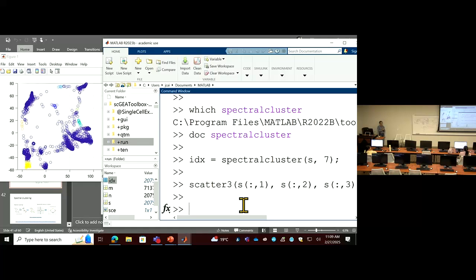That's why I did not include DBSCAN in the toolbox. I did not include spectral cluster. Rather, I just directly use the K-means to get this separation of the cell populations based on the embedding.